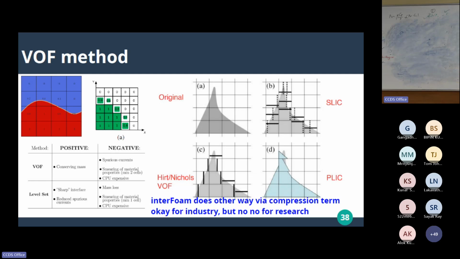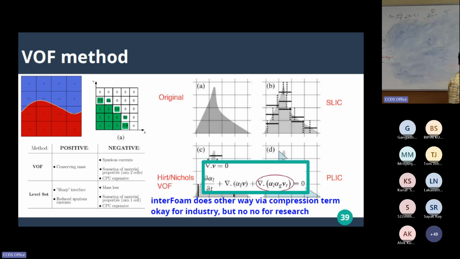Put something like 0.8, go ahead, smoothen. That means already there is a big error involved in that. It's okay for industry kind of research in some sense, but for pure research schemes, it is a bit bad. How much validation one may do is not going to capture correct things.